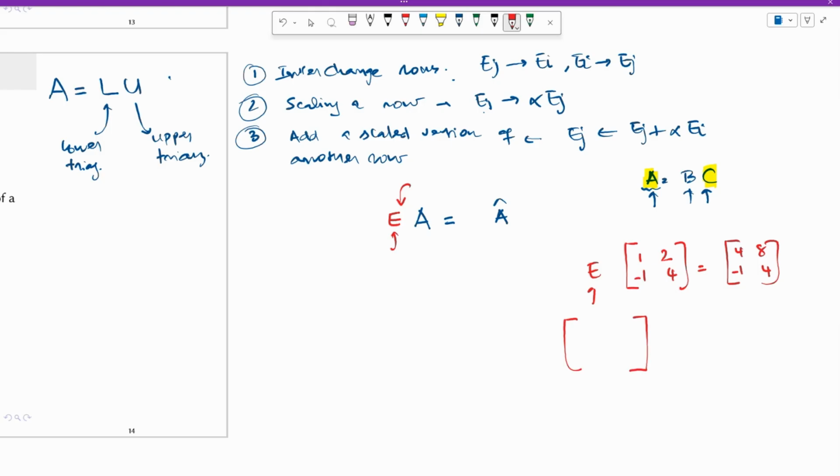What will be the elements of E? Before telling it to me, you can simply write it down. Whatever you think, and multiply. That's why I gave you a 2 cross 2 example, so that you can write it down, so that it's not abstract.